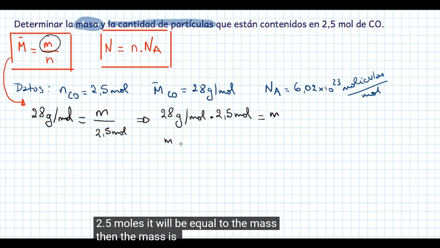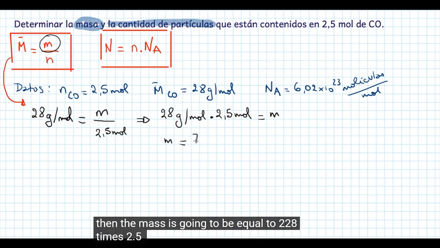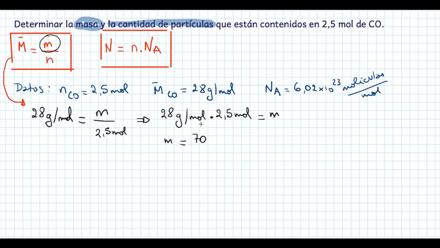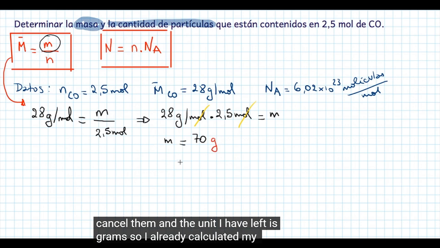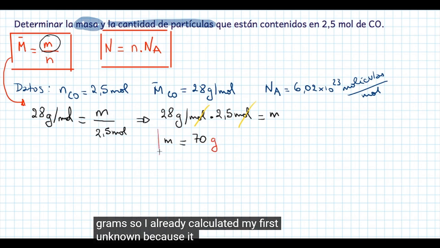Then the mass is going to be equal to 28 times 2.5, which gives 70. The mole in the denominator and the mole in the numerator cancel, and the unit I have left is grams. So I already calculated my first unknown because it gave me 70 grams.